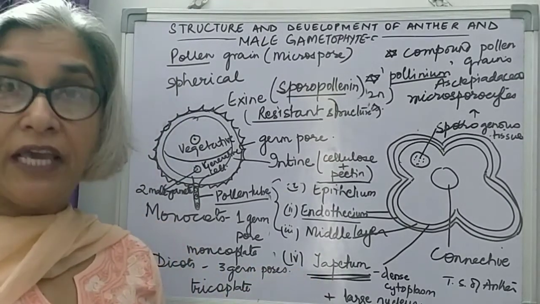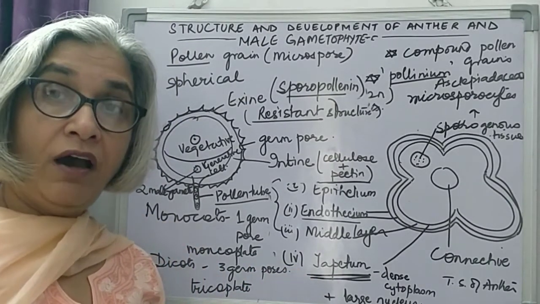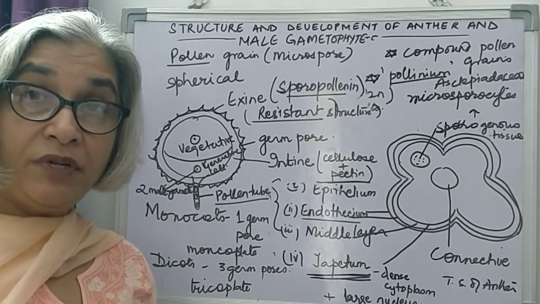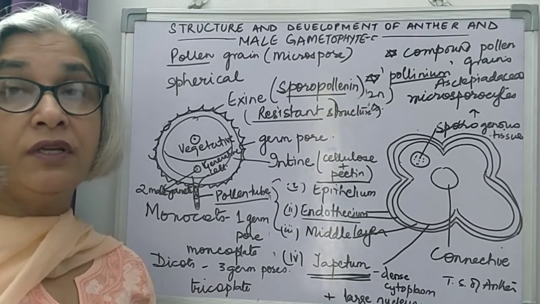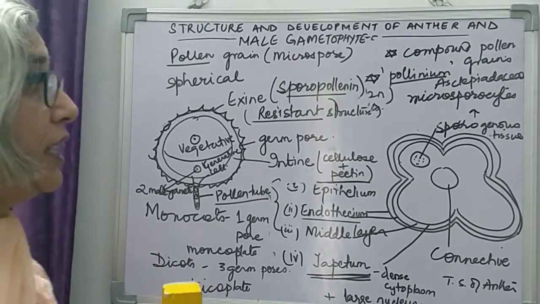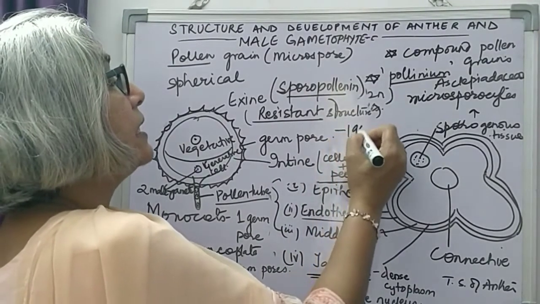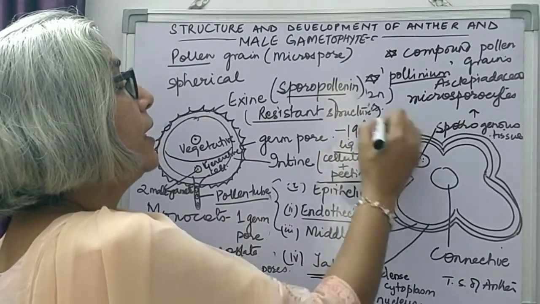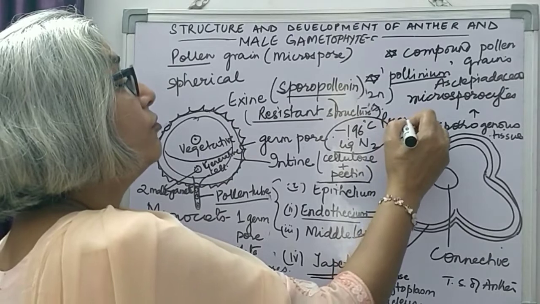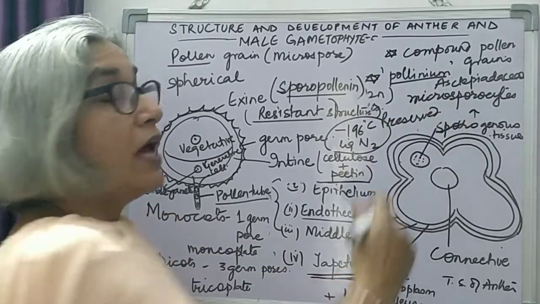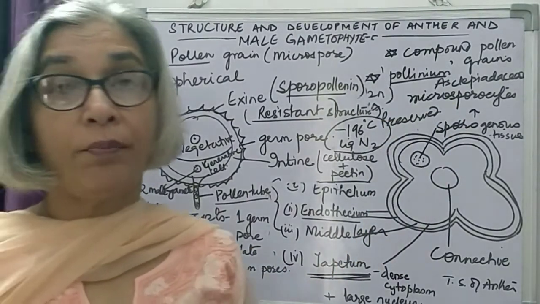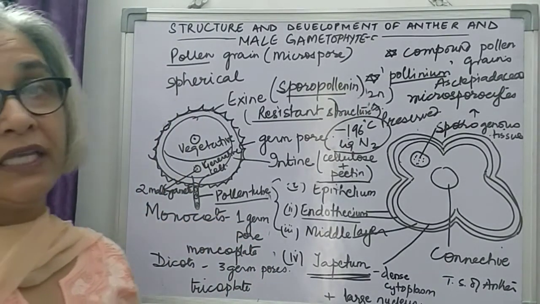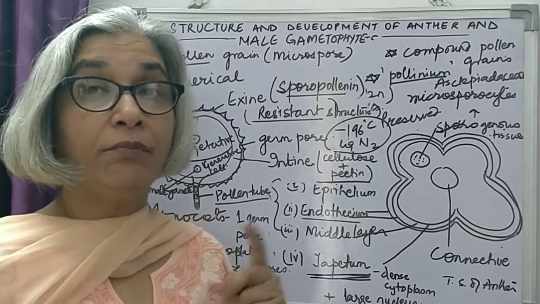Outer layer is called exine, very hard. Pollen grains can be preserved in liquid nitrogen at minus 196 degrees Celsius. In liquid nitrogen, they can be preserved for very long periods, and then they are used in crop breeding programs. And preservation of pollen grains leads to formation of pollen banks.